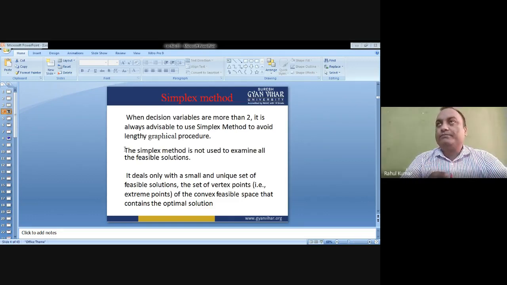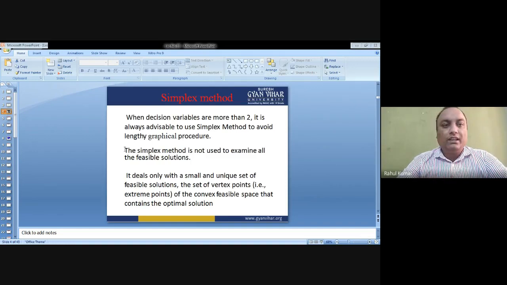The graphical method only solves 2-variable problems. But where the decision variables are more than 2, it is always advisable to use the simplex method to avoid the lengthy graphical procedure.